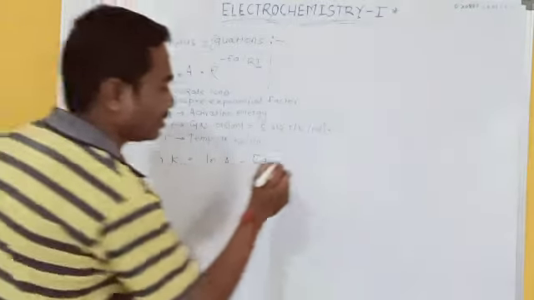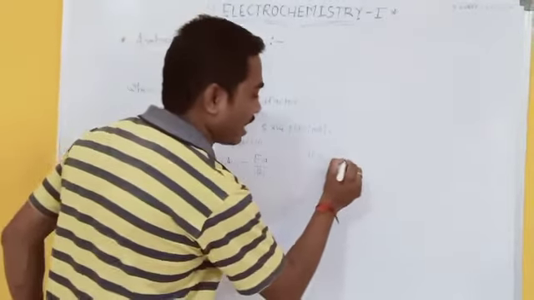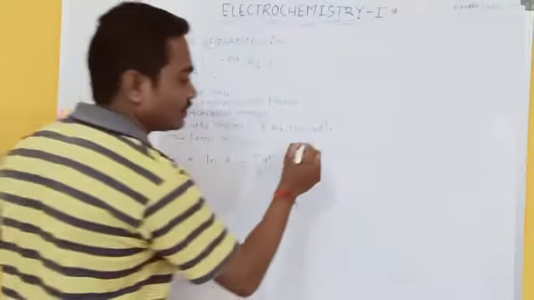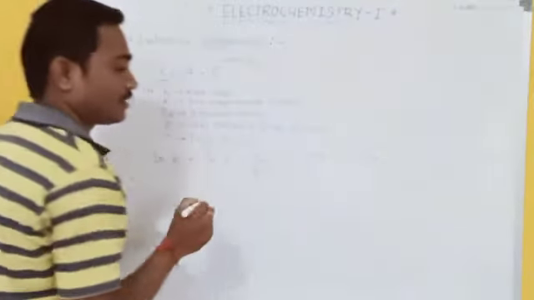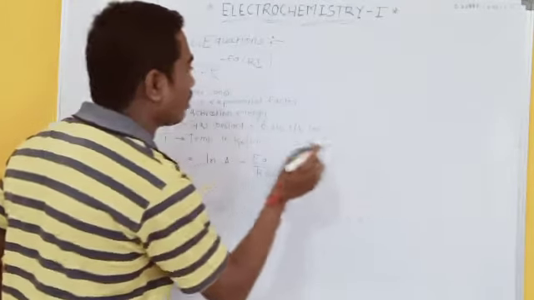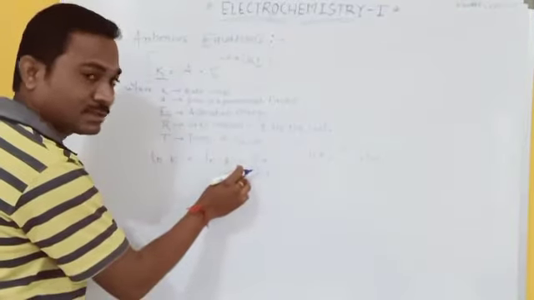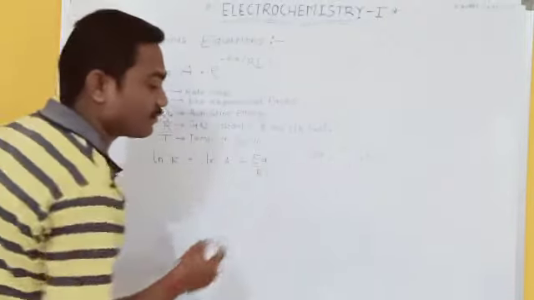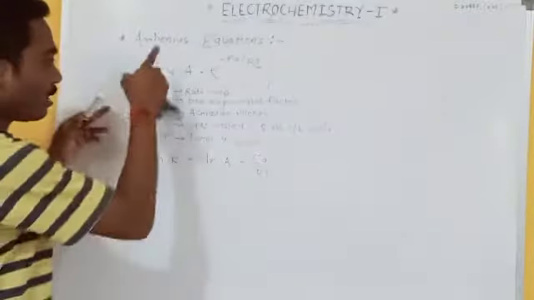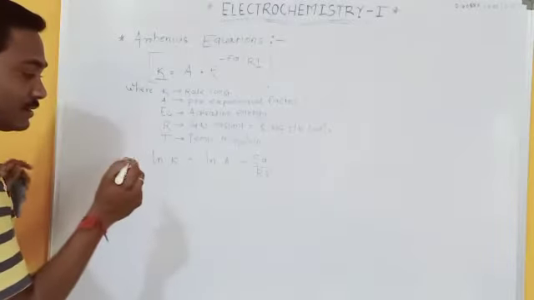We know that log e raised to power A is always equal to A log e. Therefore, this term comes in front, and ln of e is equal to 1. Therefore, the above equation becomes ln of K is equal to ln of A minus EA by RT.